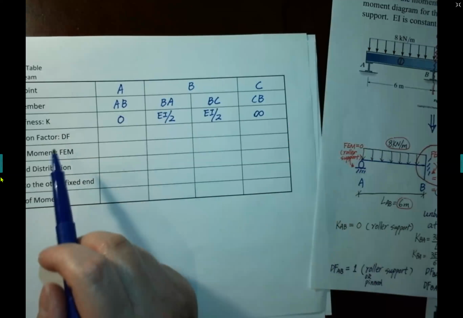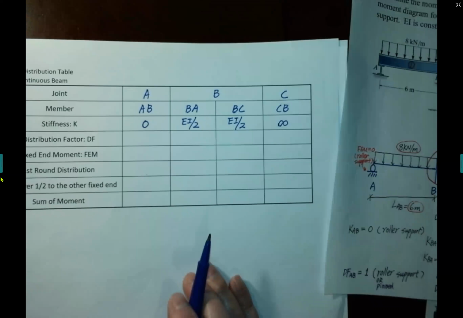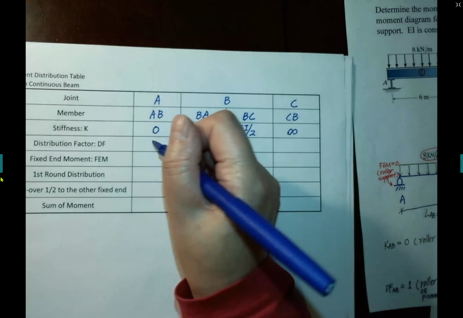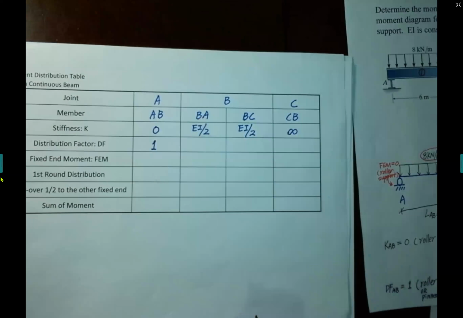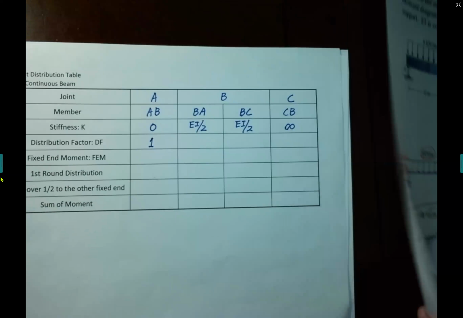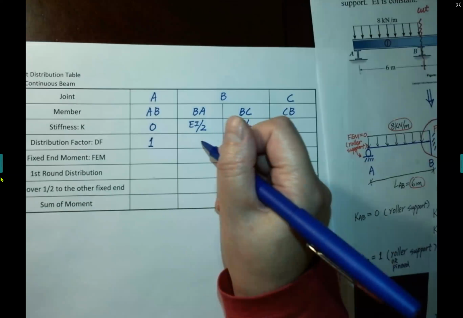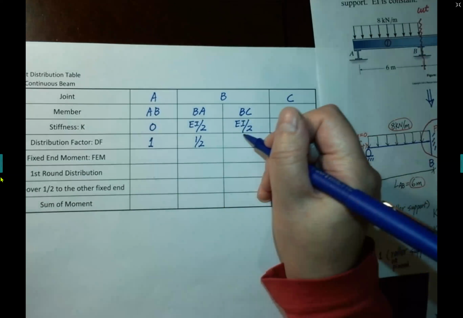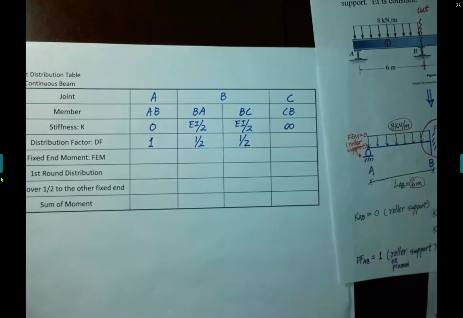Then we move to the next line, distribution factor, also called relative stiffness. So the distribution factor for the roller support is 1. The distribution factor for BA equals 1/2, and for BC also equals 1/2.